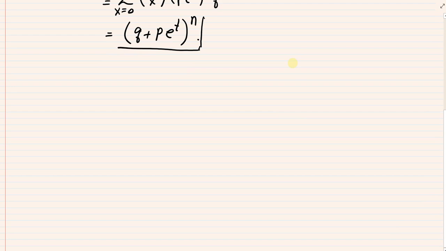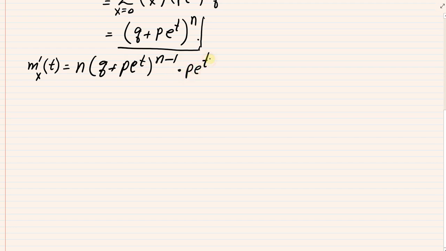Now we're going to attempt to find our expectation of x. In order to do that, we need M prime of t. That would be the first derivative of the moment generating function. So that's going to be n times q plus p e to the t, to the n minus 1, times, by chain rule, p e to the t.